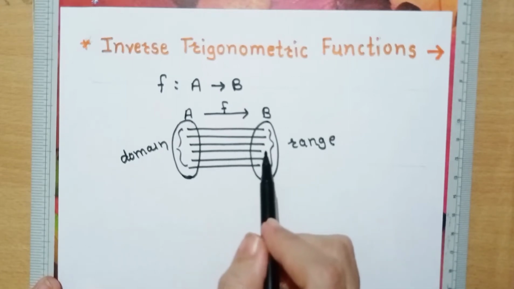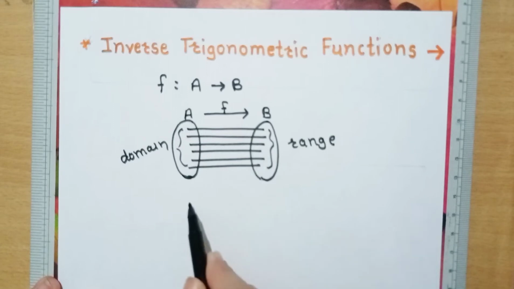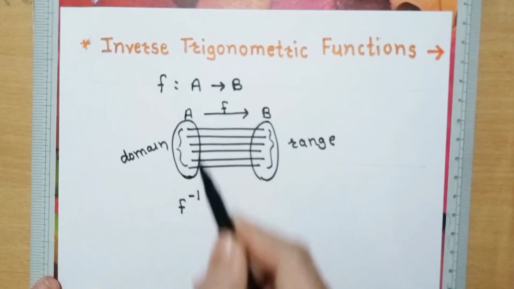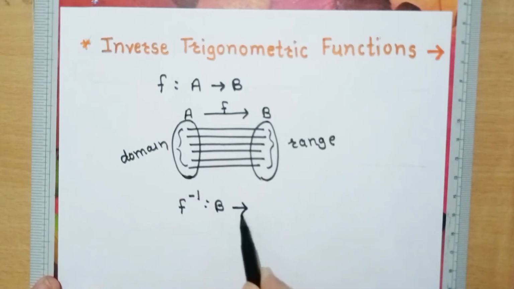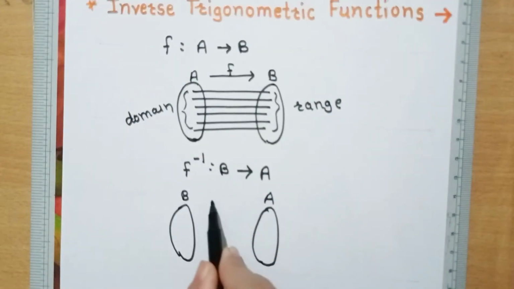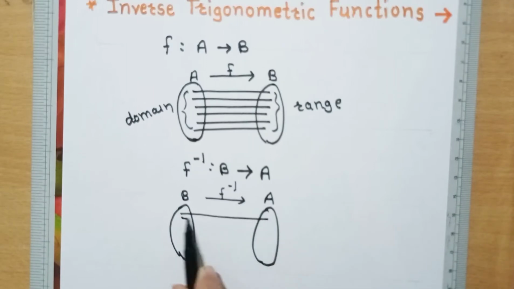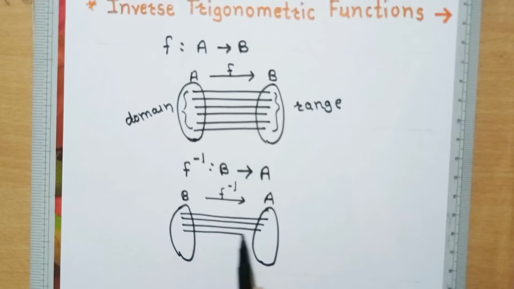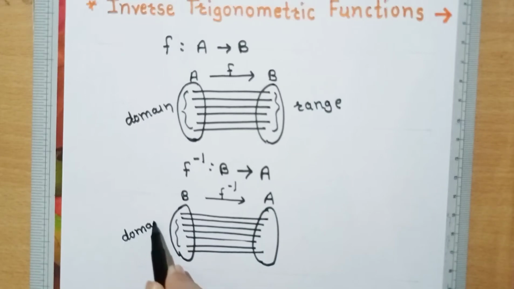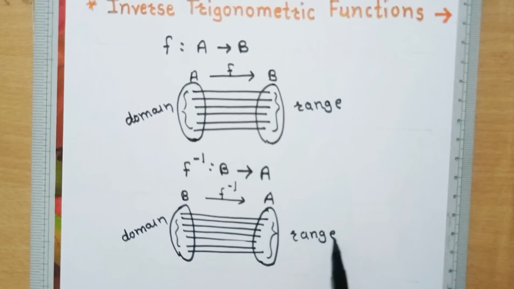And since this function is one-one and onto, there exists an inverse function which is denoted by f inverse from B to A. So I am writing here B to A. Since this is one-one and onto, this function also exists, and this is called the domain of f inverse, and this is called the range of f inverse.